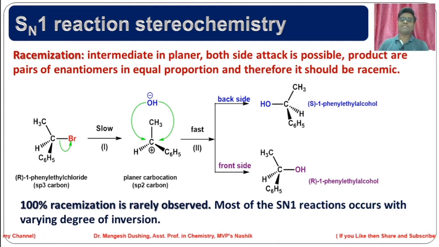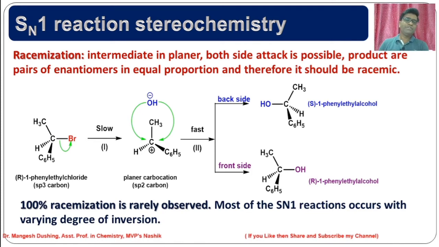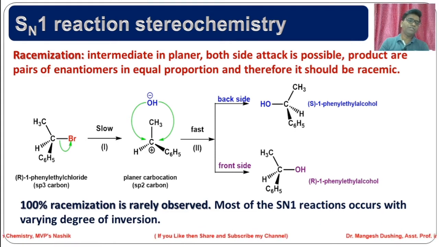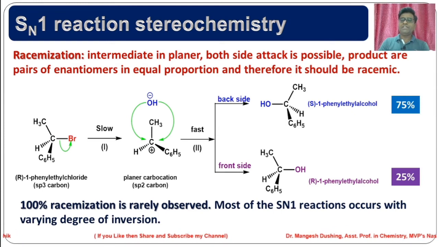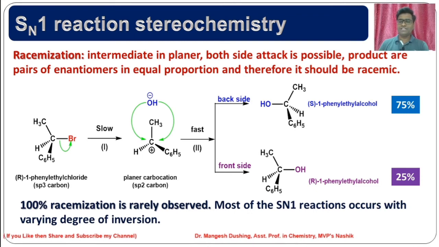Most SN1 reactions occur with a varying degree of inversion. So the inversion percentage will vary from reaction to reaction. Particularly for this reaction, the hydrolysis of 1-phenyl ethyl chloride, 75% inversion of configuration will be there, while 25% is retention of configuration.